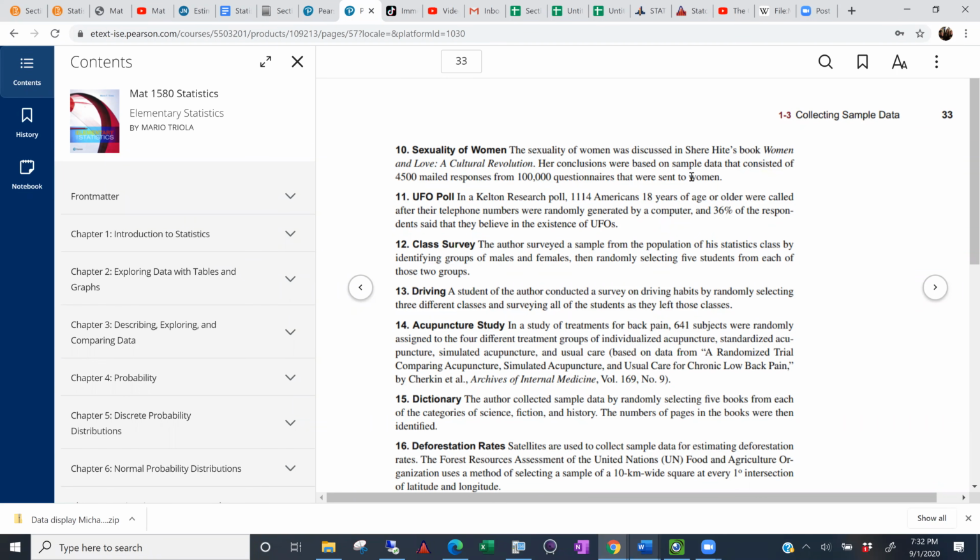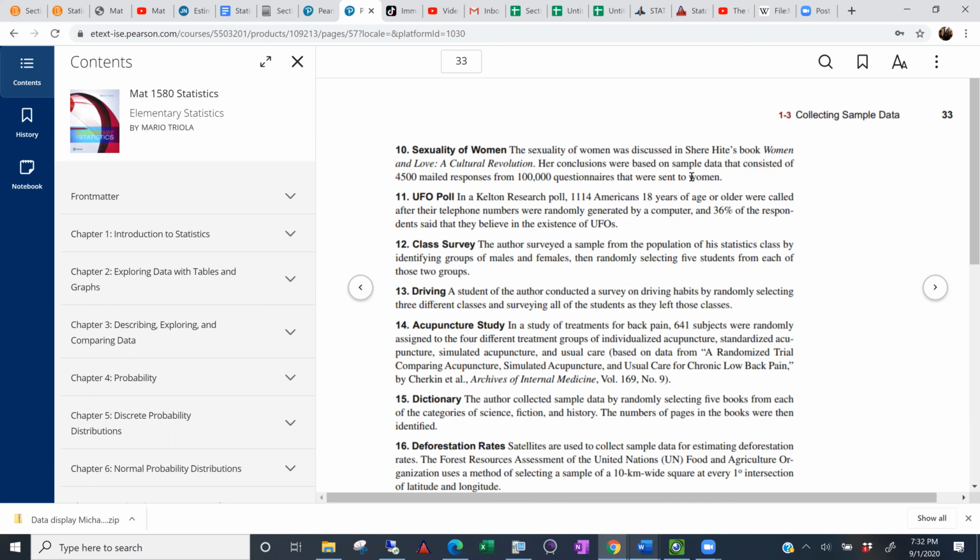It doesn't look like she had a computer list and picked out names somehow. So that eliminates random sampling. What are we left with? Convenience. Yeah, that's it. It's a convenience sample.